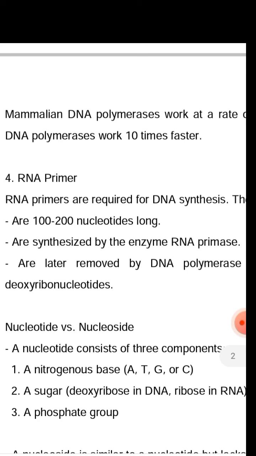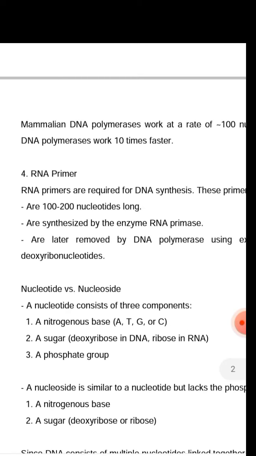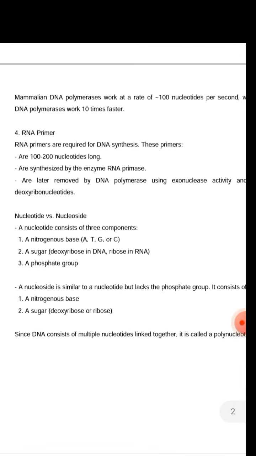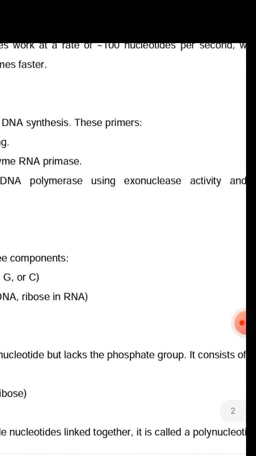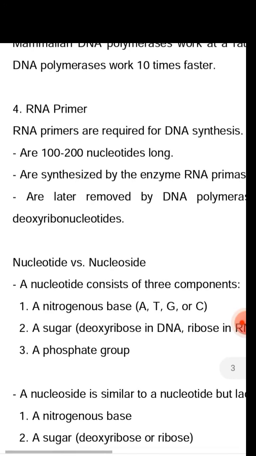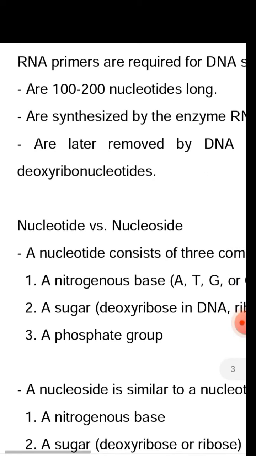It is on this foundation that the DNA polymerase will be adding more nucleotides. So later, after the DNA has been formed, the DNA polymerase, the DNAP, is going to use its exonuclease activity to replace the RNA primer with DNA fragments.